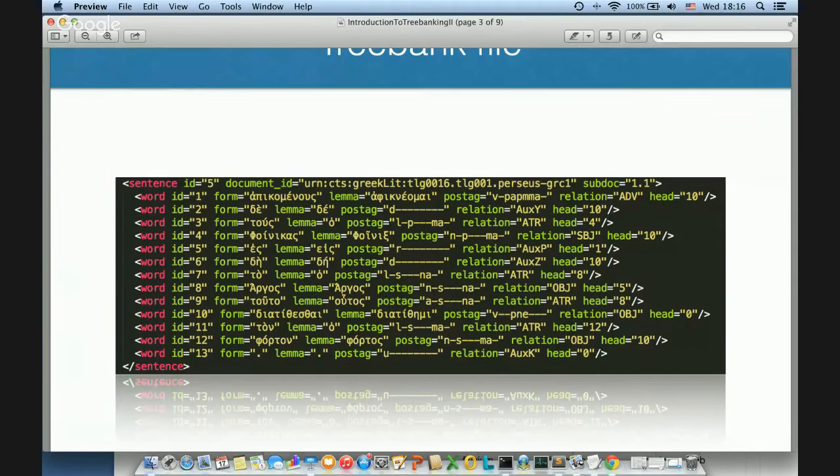But there we only have corpora that have been cleaned and corrected. So if you are looking for something quick, what I do is I simply query the treebanks. So you need basically some programming skills.